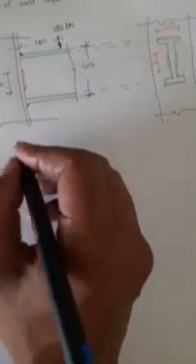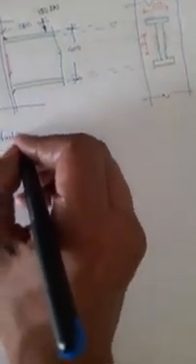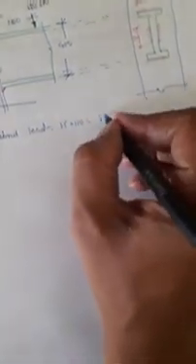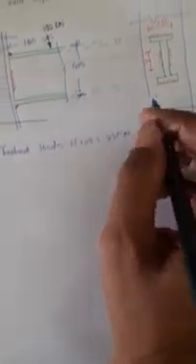So let us start with the solution. First, factored load: 1.5 into 150, 225 kilonewtons. Now let me calculate weld length.